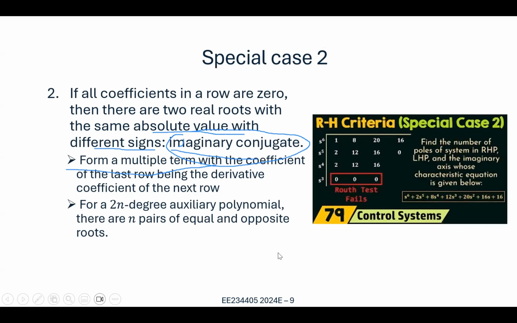Second one, if we have all 0 in the same row, we can obtain the auxiliary polynomial, where we can then obtain the poles and zeros of this polynomial equation by looking at the derivative of the equation here.